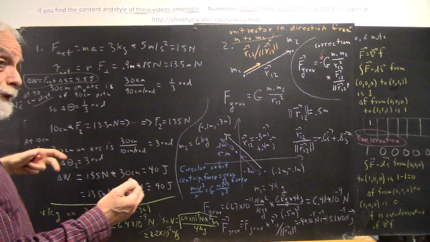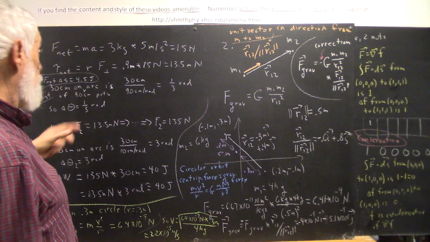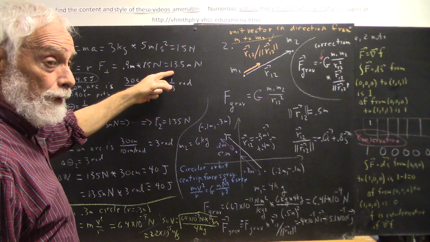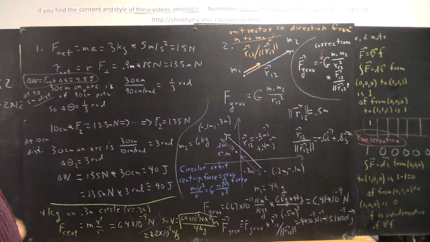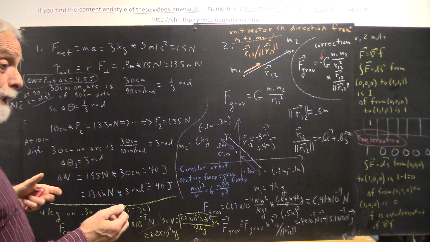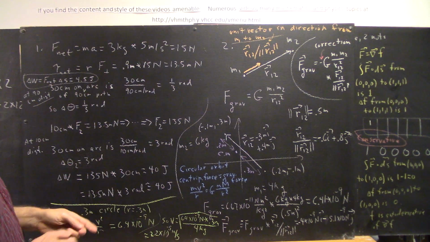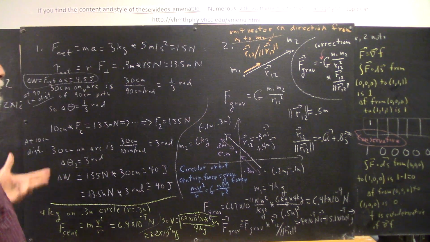Now, if the beam is of negligible mass, negligible moment of inertia, then that would be the net force, and that would be the net torque on the entire system, because there would be no significant mass in the beam to be accelerated, just the 3 kilogram mass.